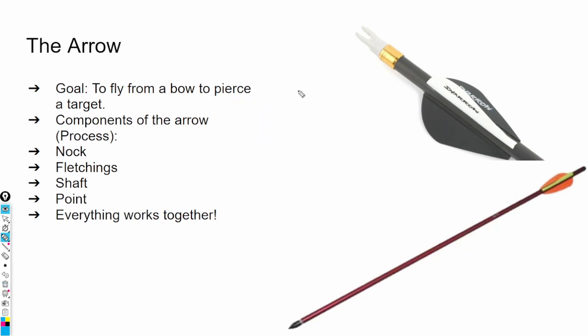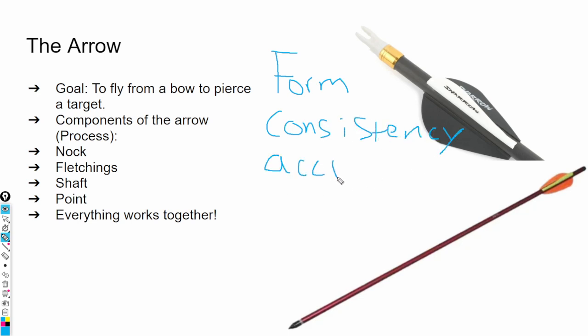But if you want to think about, will the arrow actually hit what we want to hit? That is where more alignment stuff comes into play, and this is where form comes into play. Form is what creates the consistency and the accuracy of our shooting, right?